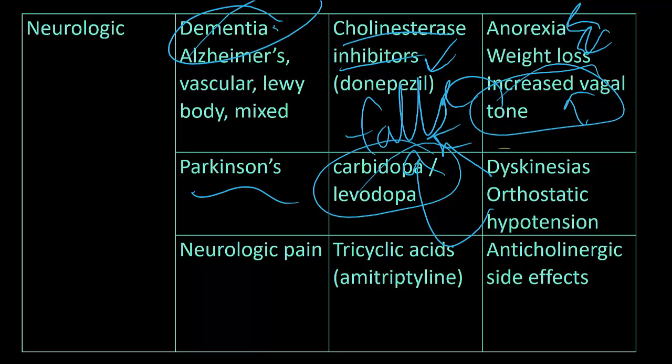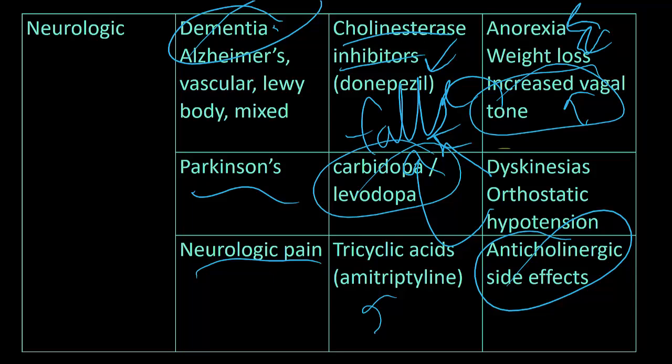Neurologic causes of pain are also quite common in the elderly, and many of these patients will be on amitriptyline or tricyclic antidepressants, amongst other medications. These medications will frequently have anticholinergic side effects.